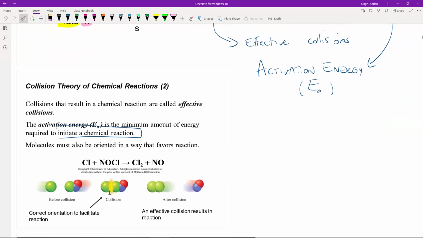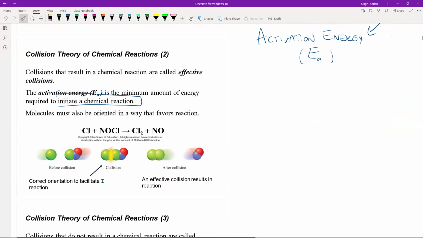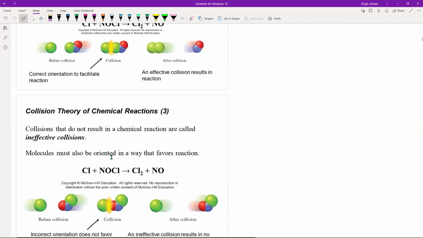So we mentioned in order for it to happen, collisions need to happen in the right orientation, and then the energy of that collision needs to be sufficient to get the reaction going. Those that do not result in a chemical reaction, those are known as ineffective collisions.